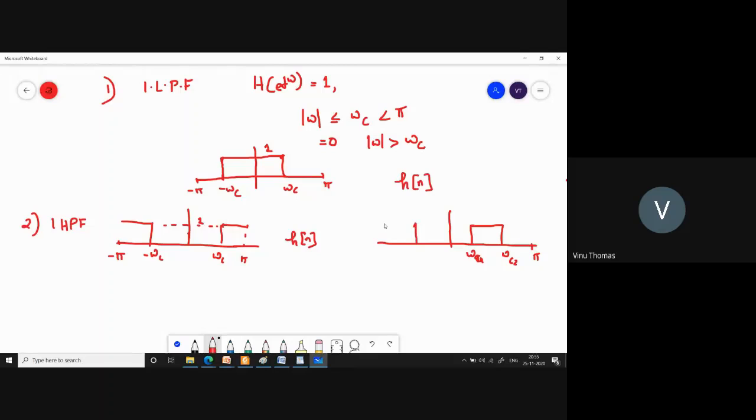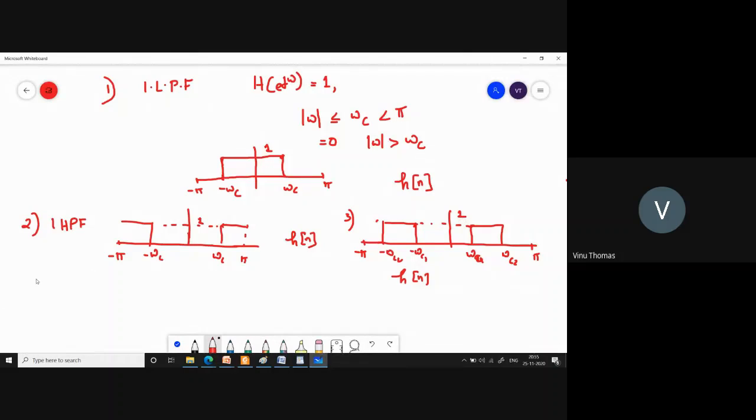Likewise, I have minus omega c1, minus omega c2, and this is minus pi. Find the impulse response of this filter. Find h of n for this filter. So this is your ideal band pass filter, and this magnitude is equal to 1.